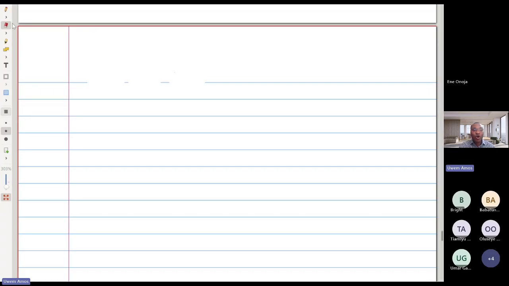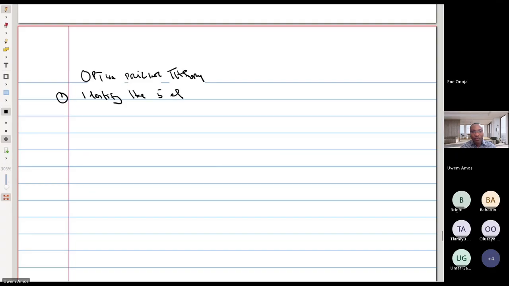Now, whenever you have a question on option pricing theory, the first thing you would always do, which is the most important thing, is to identify the five elements of the option pricing model.